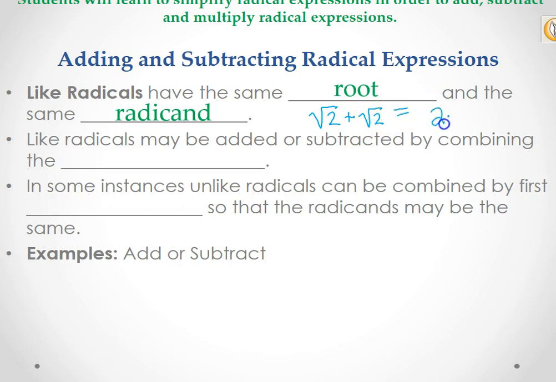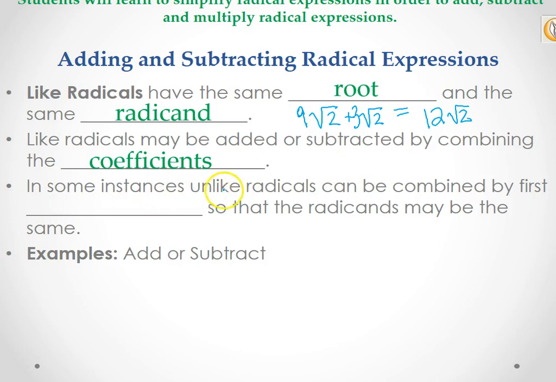That would be 2 square roots of 2 because I'm combining like terms. Radicals may be added or subtracted by combining the coefficients, just like we did here. So we had a 1 and a 1. Well, if we had a 9 and a 3, then this would have been 12, right?